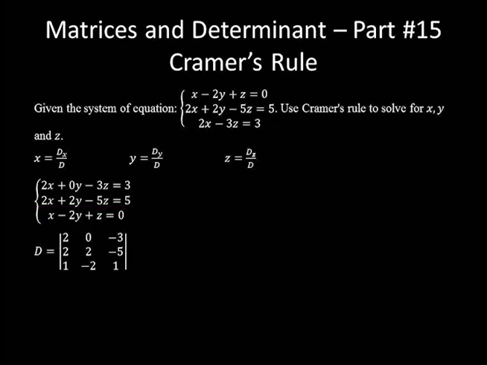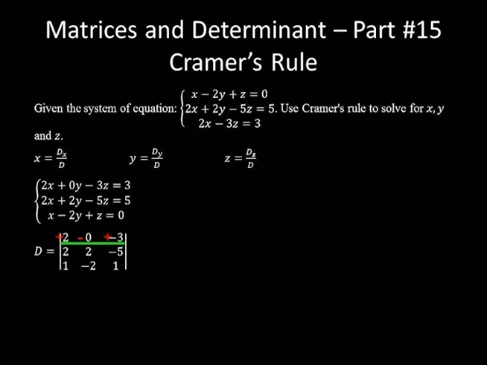For solving the determinant of this 3 by 3 matrix, let's use row 1 elements as the coefficients of the 2 by 2 matrices we are going to form. Then let's assign positive and negative signs to the coefficients alternately, starting from row 1 column 1, meaning the sign of 2 is positive, the sign of 0 is negative, and the sign of negative 3 is positive.